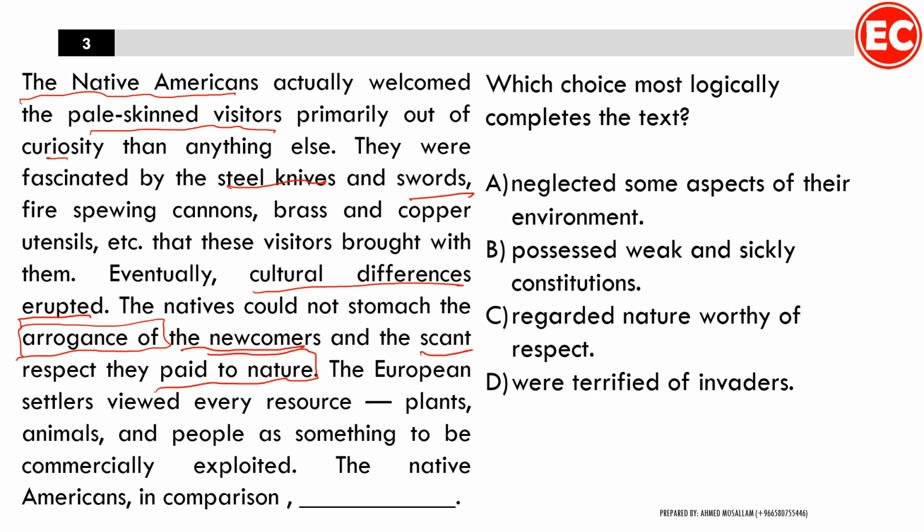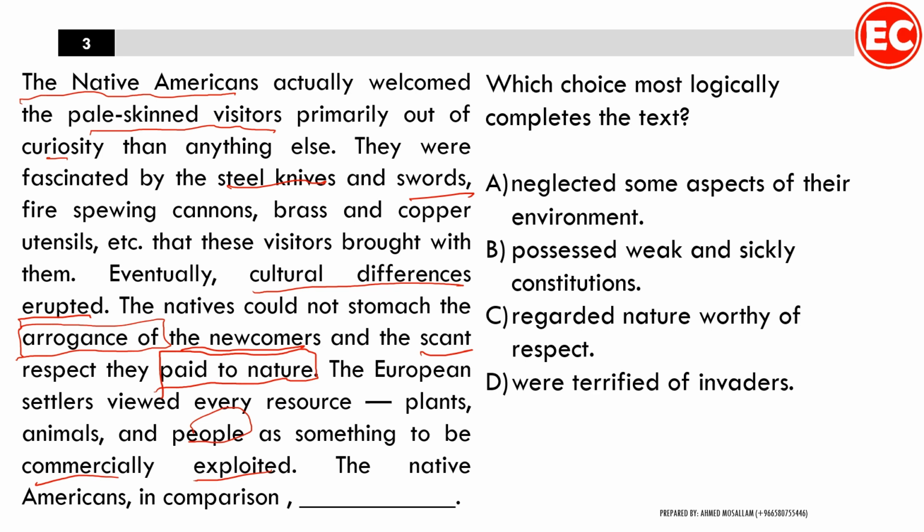The Europeans did not give any respect to what? To nature. The European settlers viewed every resource, whether plants, animals, or even people, as something to be commercially exploited, so we can buy and sell. So they did not consider it something of value, not like the Native Americans.